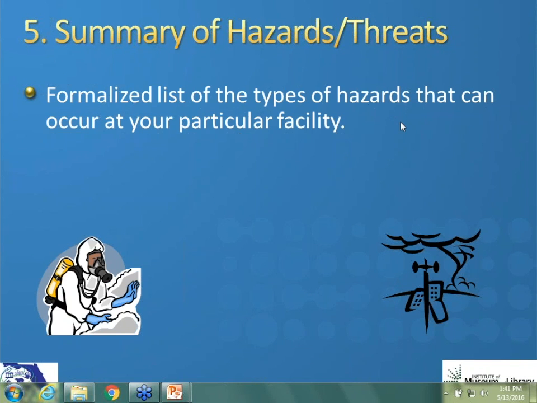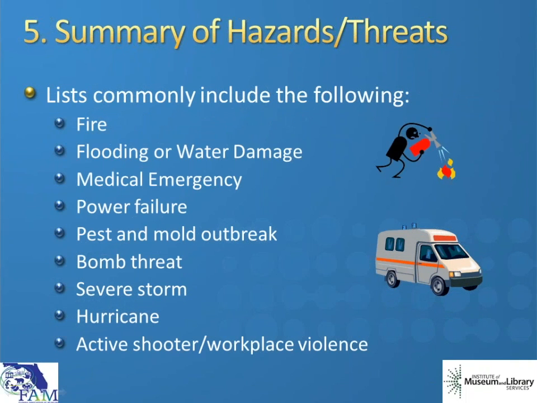You want to have an actual formalized list of the types of hazards that will actually occur at your facility. Now, again, this can sound a little ridiculous because it seems like everyone knows exactly what the threats are that are going to attack our facility, but it's always good to have an actual formalized list somewhere so that future people will know what might happen at your facility or your institution.